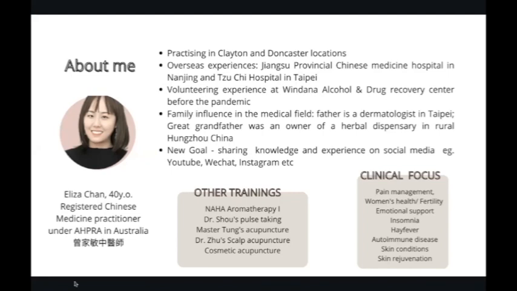I have some family influence in the medical field: my father is a Western doctor, a dermatologist in Taipei, and my mother's side, my great-grandfather, was the owner of a Chinese herbal dispensary. So I've got both Western and Chinese medicine perspectives in the family.